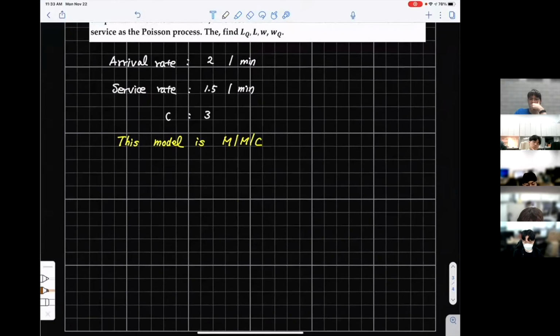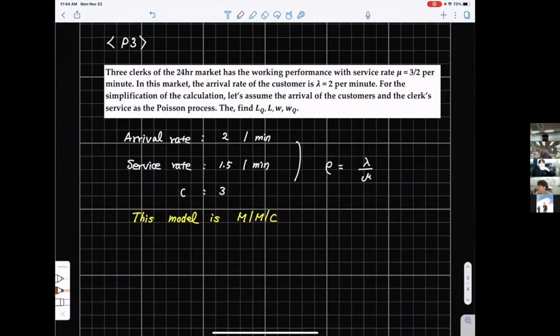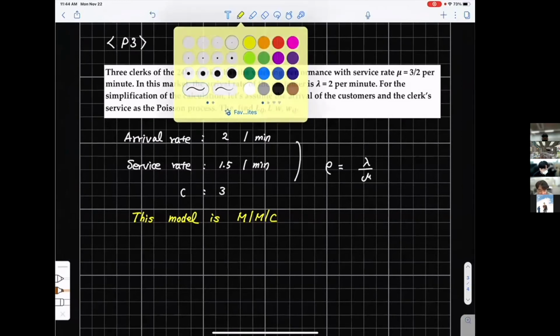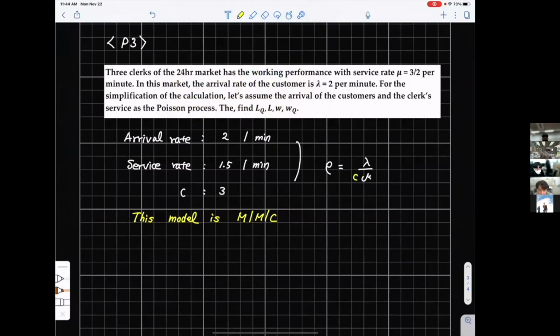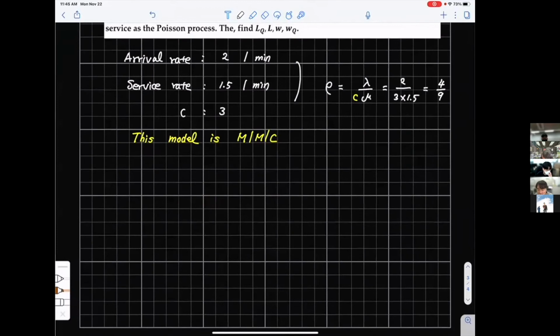Before the calculation, first we need to calculate the utilization. Here we insert the number of servers. So rho becomes 2 divided by 3 times 1.5, which is 4/9.